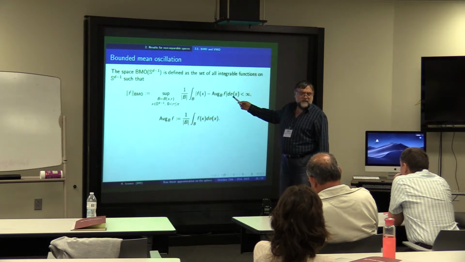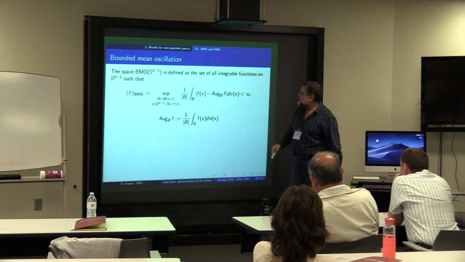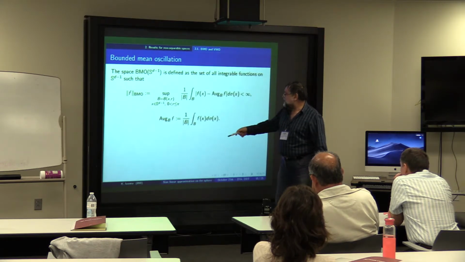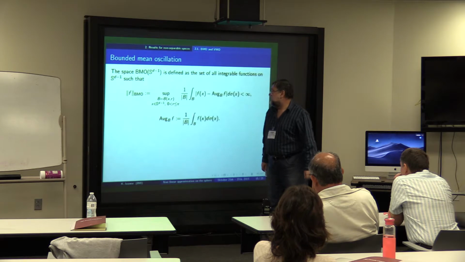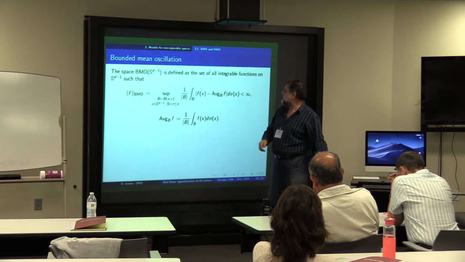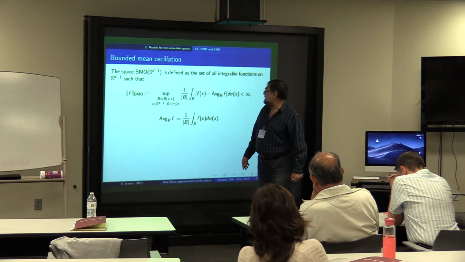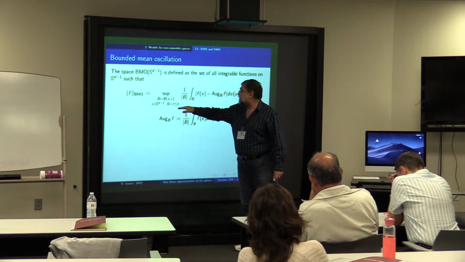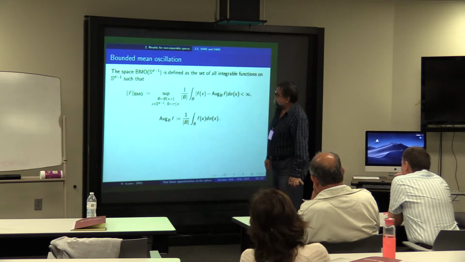Now, sigma is the Lebesgue measure on the sphere, so nothing special here. Average of f on B, I think this is self-explanatory. The measure of the ball B, and we're taking a supremum over all balls.